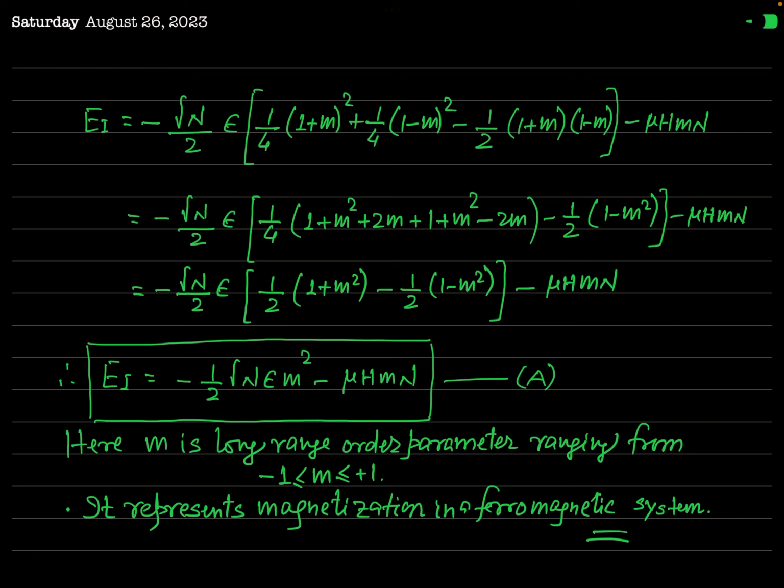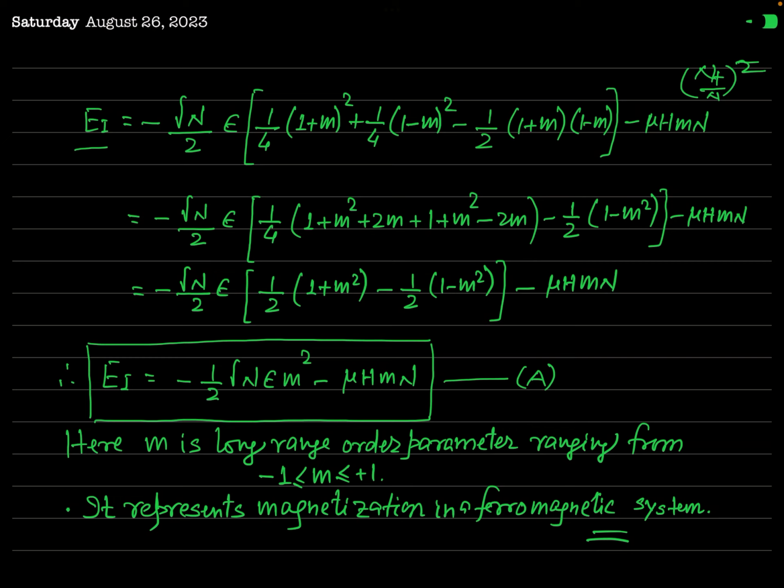So after substituting the values, you will get EI equal to minus gamma n over 2 times epsilon. You know gamma is the coordination number, okay? And this will be what? The first term is n plus divided by n square. But you have obtained that n plus by n is equal to 1 by 2 times 1 plus m.